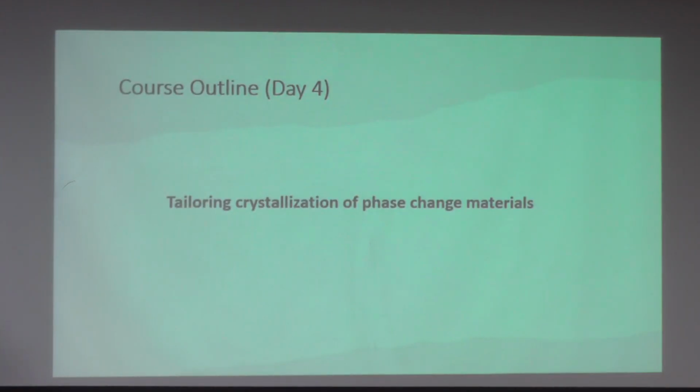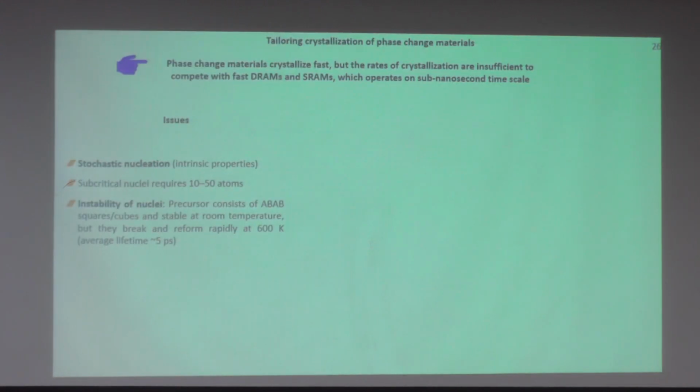Now let us look at how to tailor the crystallization of phase change materials. From the previous lecture, we know that phase change materials crystallize fast, but the rates of this crystallization are still lower compared to DRAM and SRAM, which operate on a sub-nanosecond time scale.